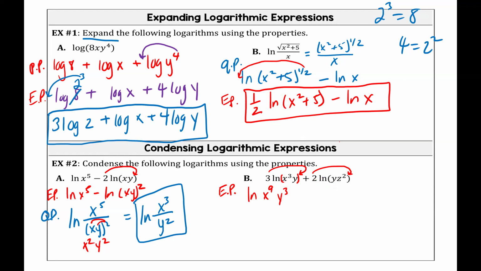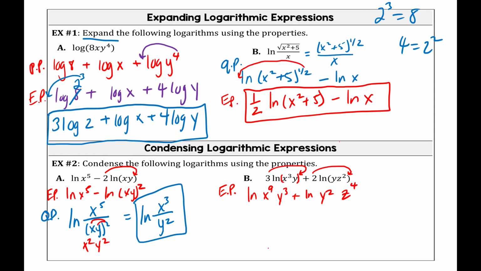The power property of exponents is that you multiply when there's parentheses. And then plus, the 2 is going to the y and to the z. So natural log of y squared and z to the 4.